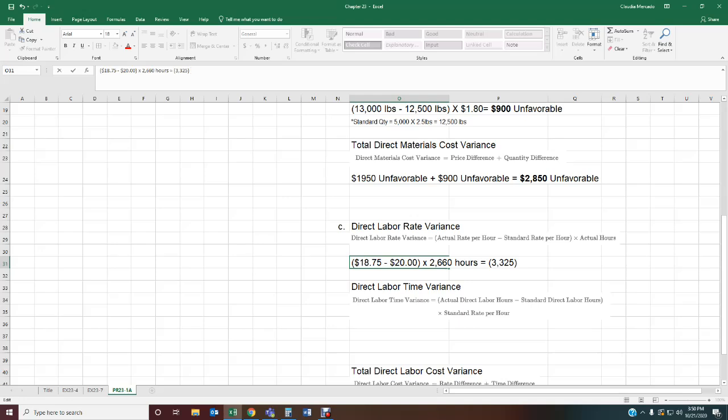So that means I had some cost savings there in my labor rate, a cost savings of $3,325. Because I paid less in my labor, that is a favorable variance. So if it's a negative number, it's a favorable variance.